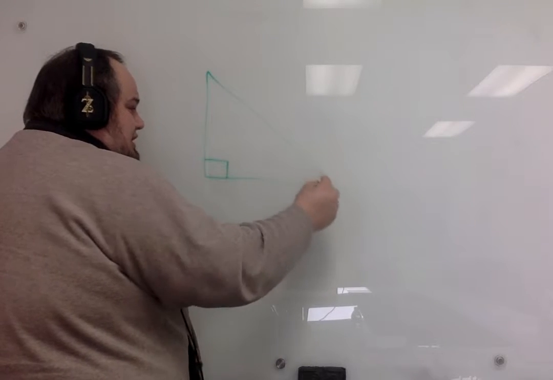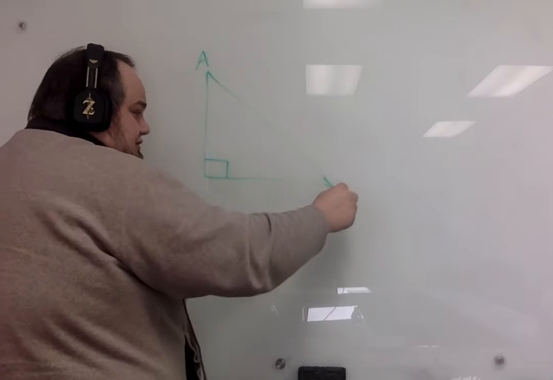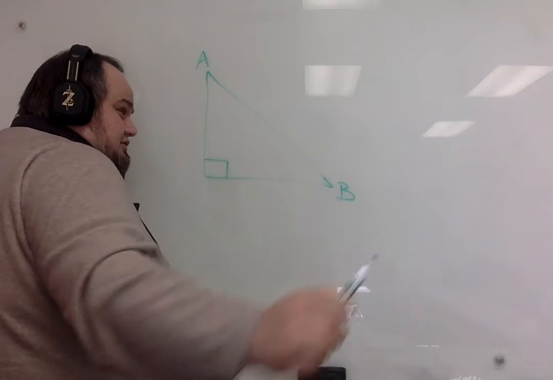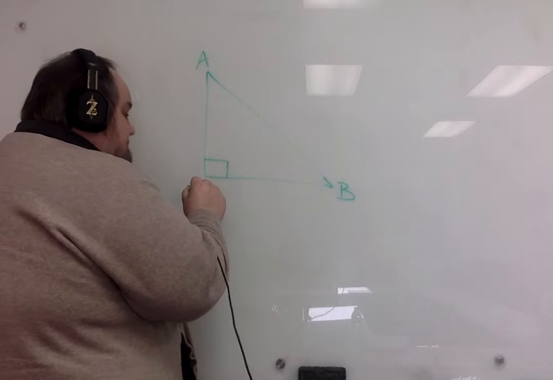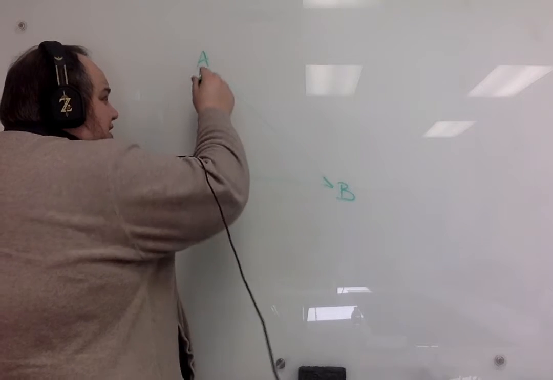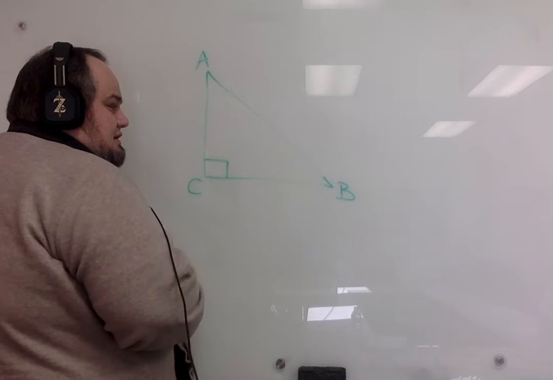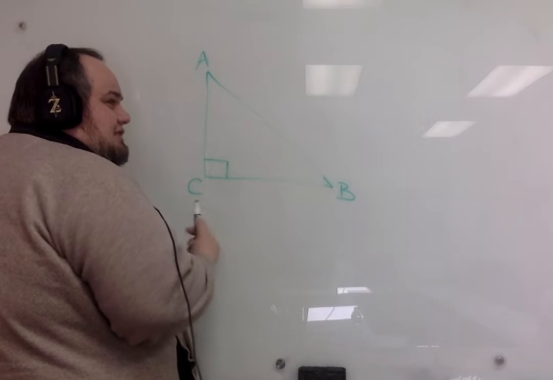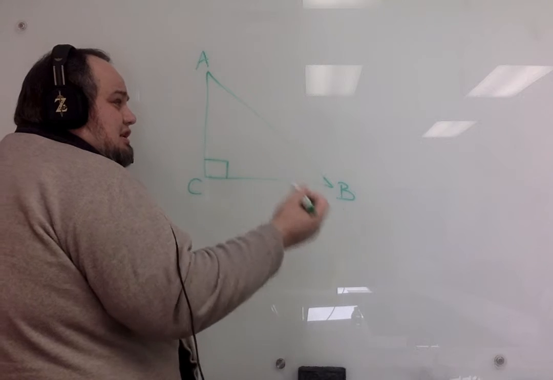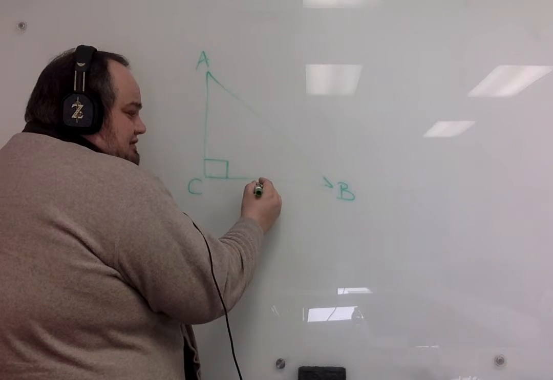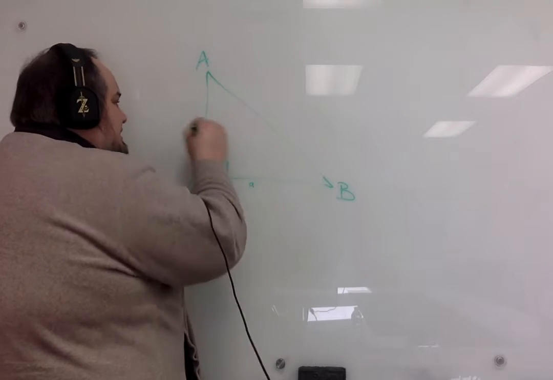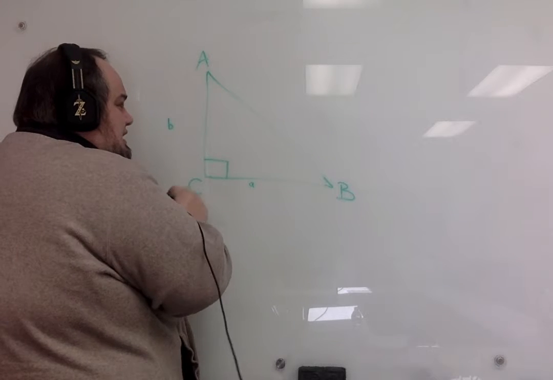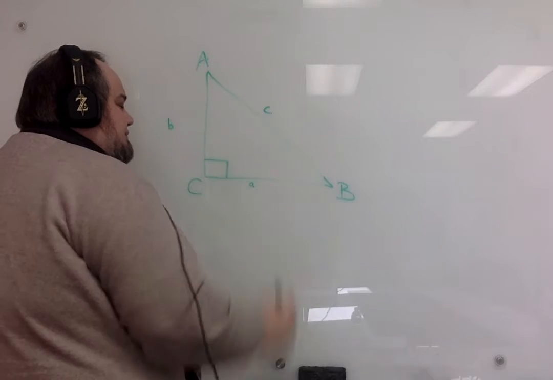When we label it, we label the angles with capital letters. So let's say we have A, B, and C. The opposite sides are also labeled A, B, and C, but we use lowercase letters. So the length of this side down here would be a, the length of this side over here is b, and the length of this side is c.